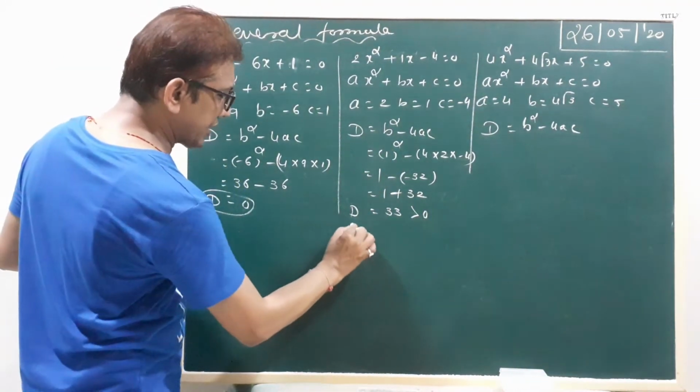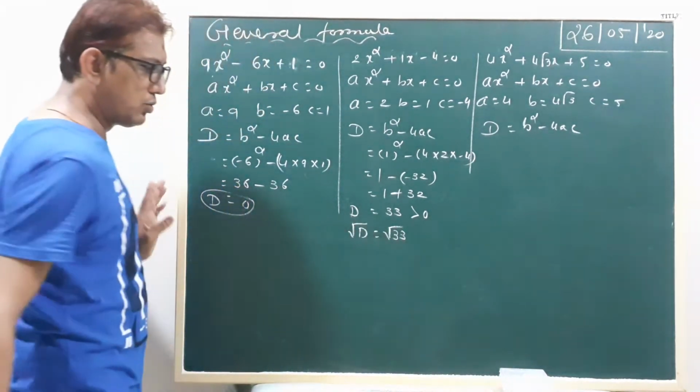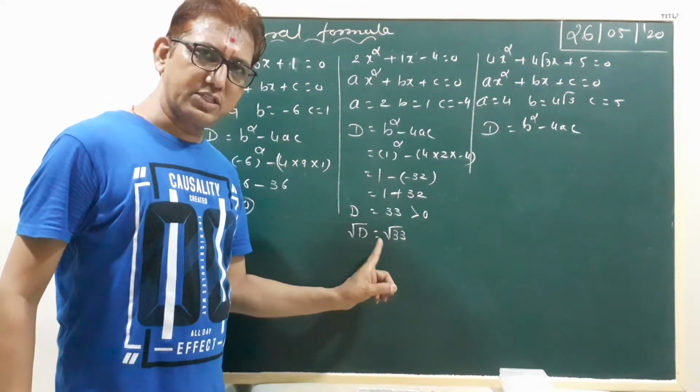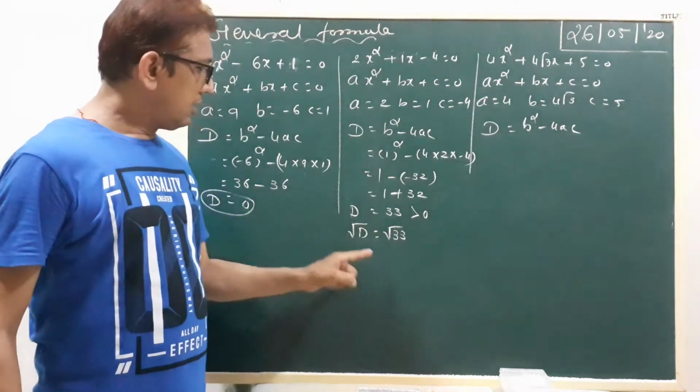We take here the square root of D, root 33. This is not a perfect square. It is an irrational number. Right? Okay.